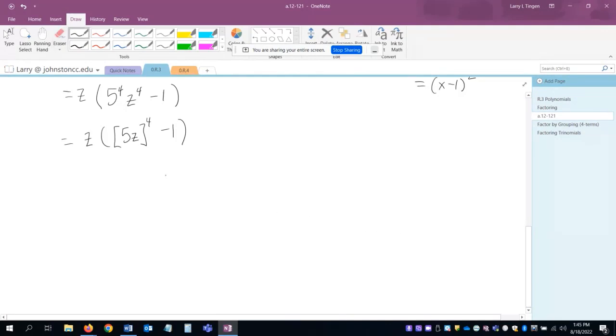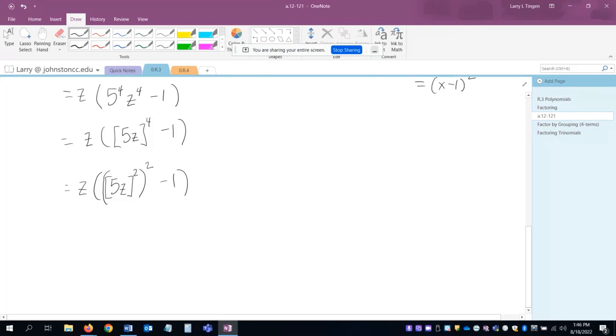Well, I can do that because z to the fourth is the same thing as z squared squared, and 5 to the fourth is the same thing as 5 squared squared. So what I get is 5z squared, squared, minus 1.